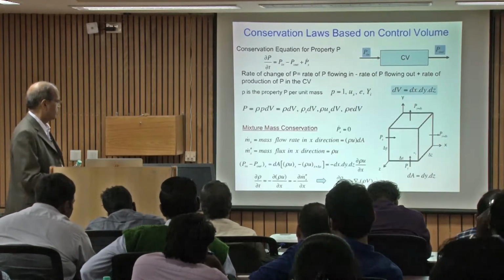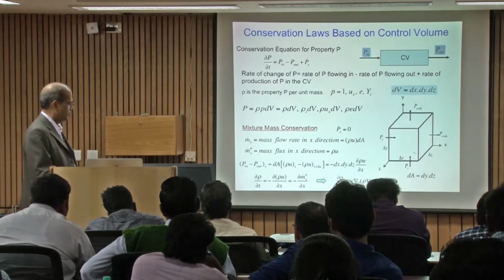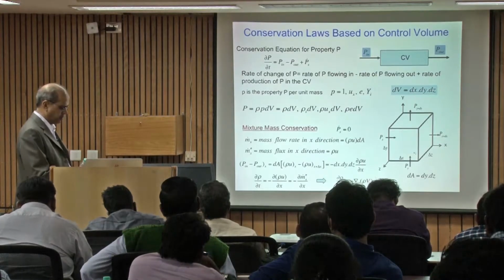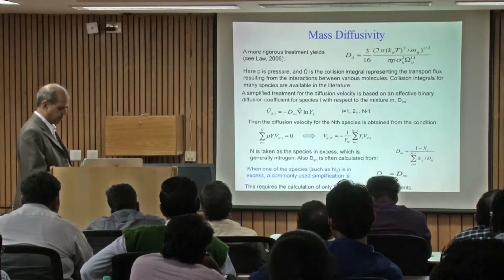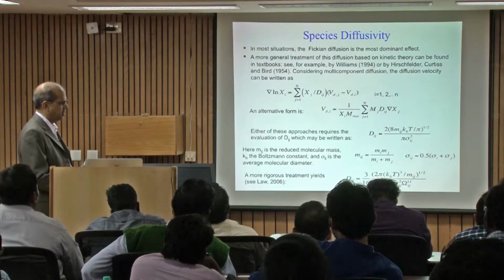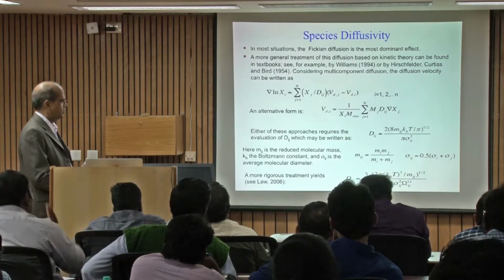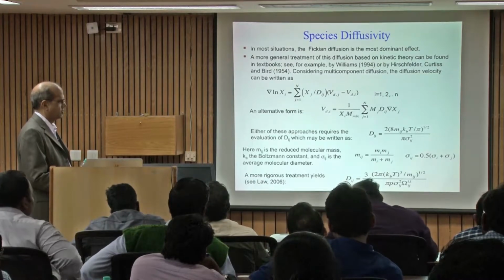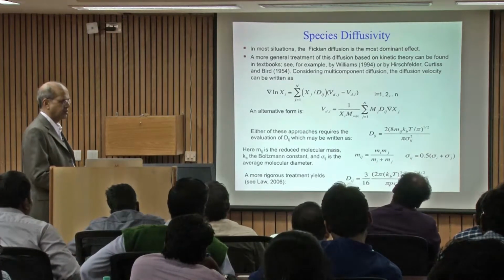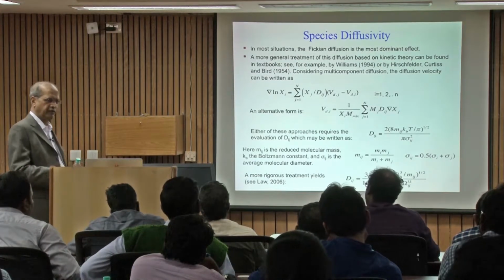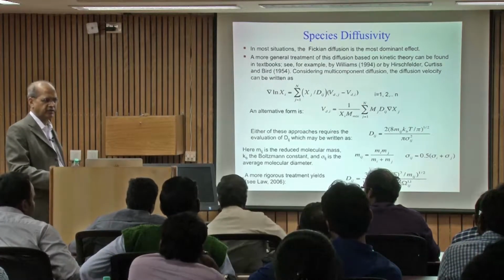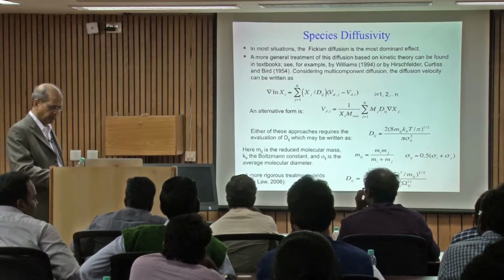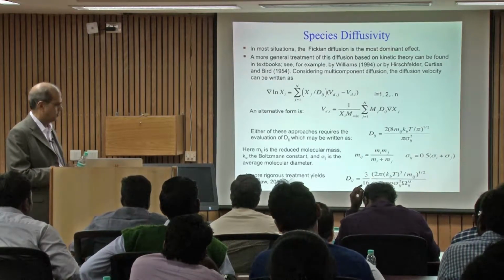So there are different cases. This is the approach I usually follow: write it for the one dimensional case and then extend it to 2 dimensions or 3 dimensions. When we analyze flames later on, we will go back to 1 dimensional or 2 dimensional.